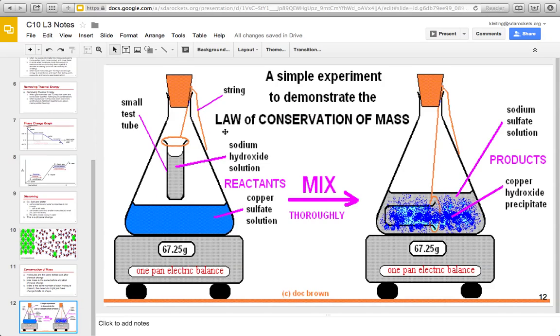So here is kind of an example. We have a test tube that has a few different liquids in it, and I don't want you to get hung up on sodium hydroxide or copper sulfate.